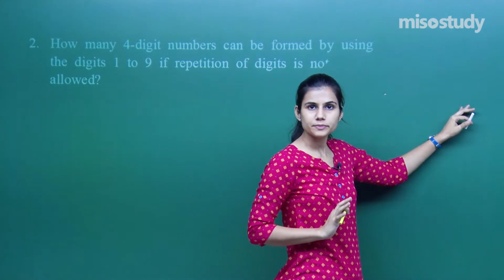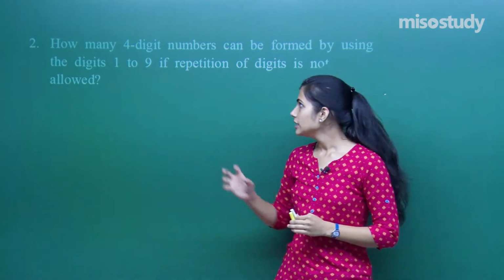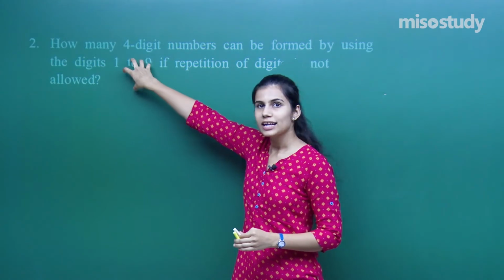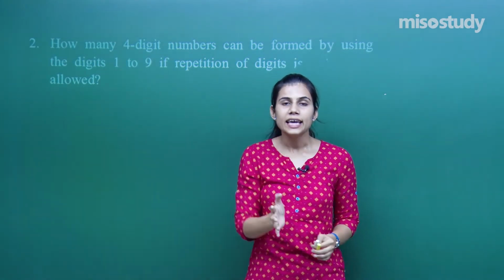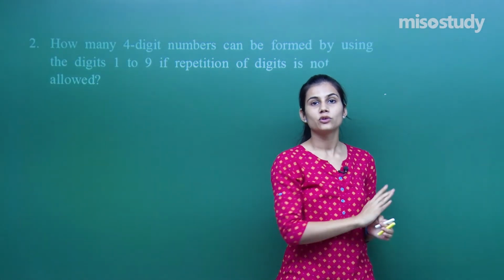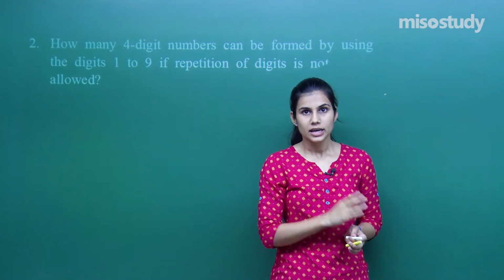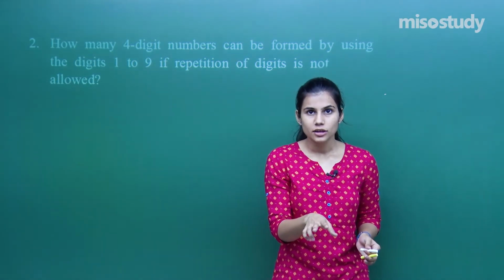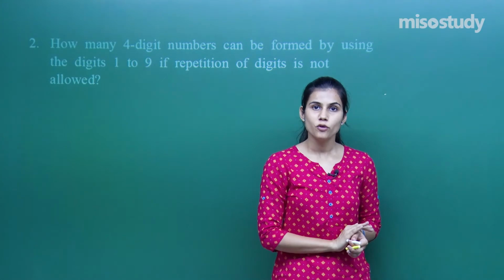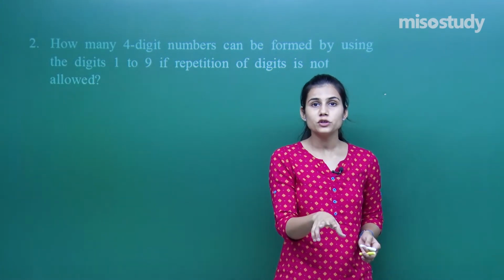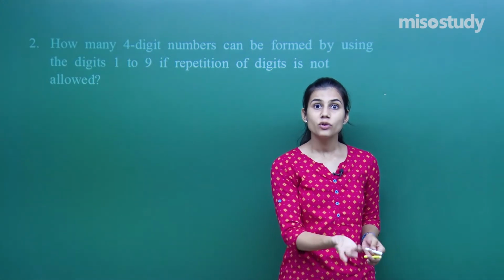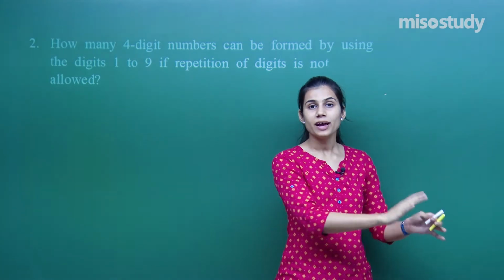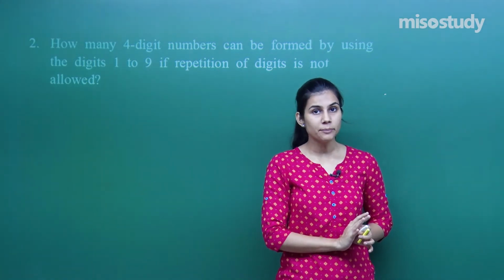That means one way in which I was able to select 4 digits from 1 to 9 gave me 4 factorial 4-digit numbers. Another choice of 4 digits from 1 to 9 is going to give me another 4 factorial 4-digit numbers.